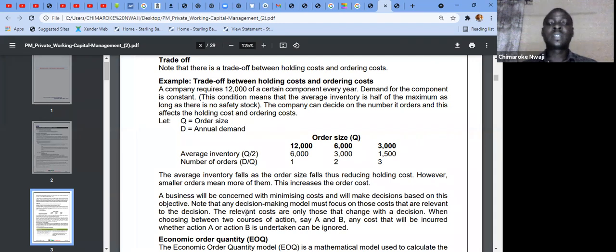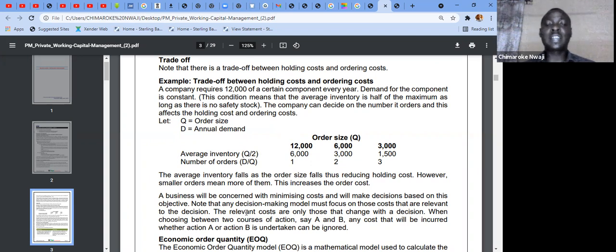However, making smaller orders means you have to request them more frequently. So you see here now that when you reduce your order from 12,000 to 6,000, you have to increase the number of orders. When it is reduced to 3,000 units, you see you have to increase your number of orders to 4. And so a business will be concerned with minimizing its costs.